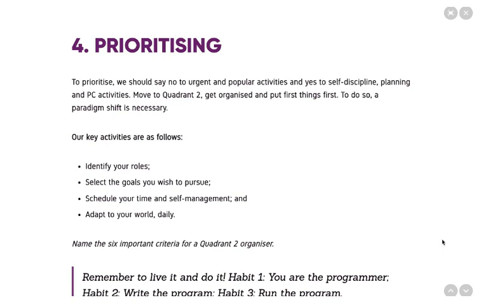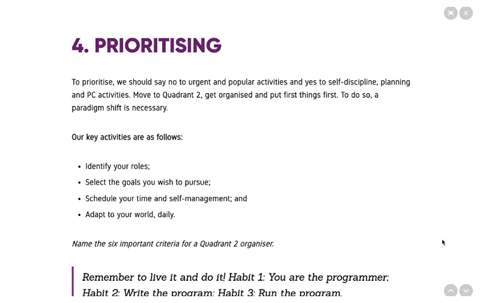The next thing we do when we put first things first is we prioritize. So now we know that we need to manage ourselves and we need to manage our time, and we need to also look at how we are motivated to perform these tasks, right? To prioritize, we need to say no to urgent and unpopular activities and yes to self-discipline, planning, and PC activities. We will discuss PC activities more later.